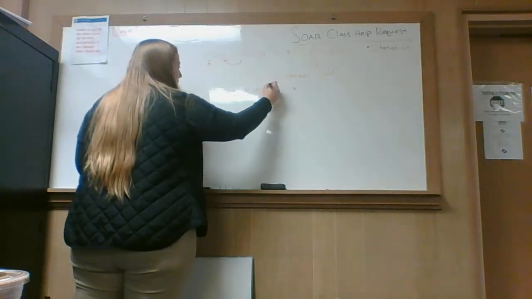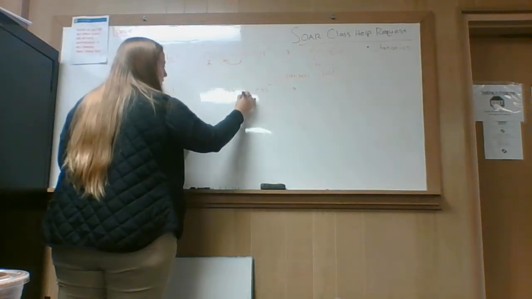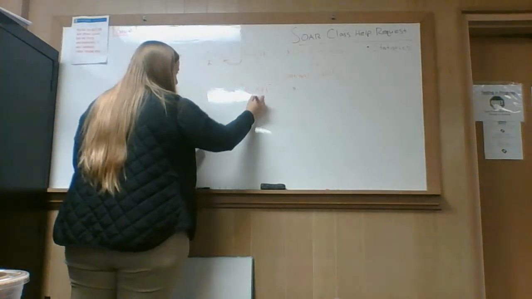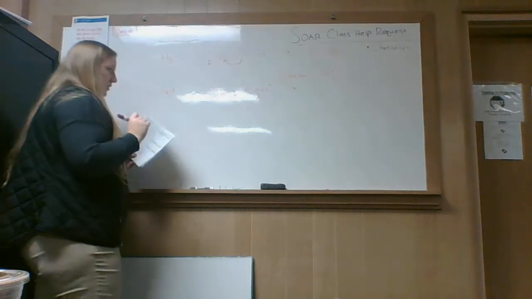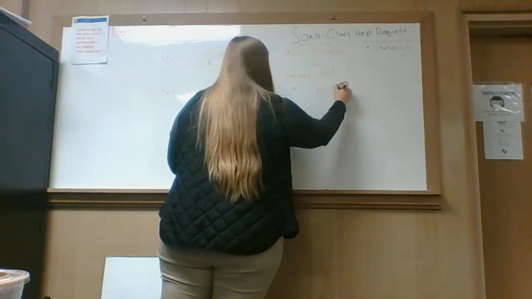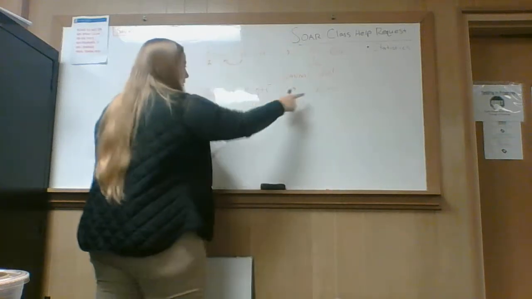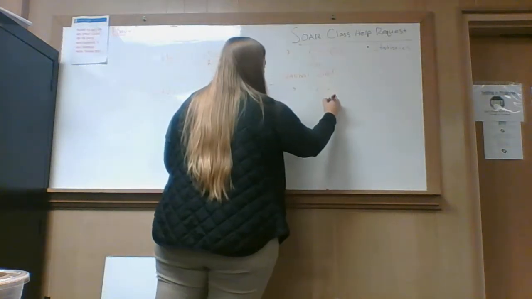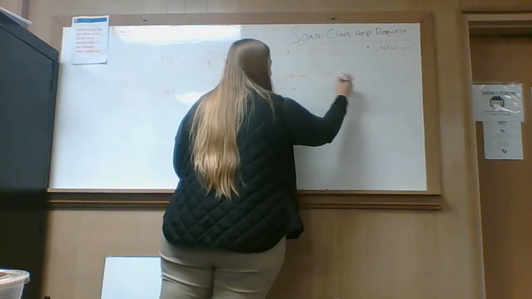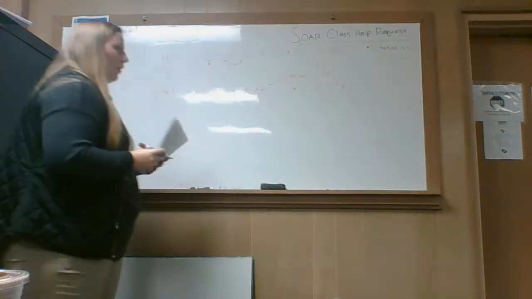The OH is going to be negative, positive. The R group is going to be attracted to the oxygen. The OH group is attracted to the carbon. So OH, R group, so a carbon containing group.